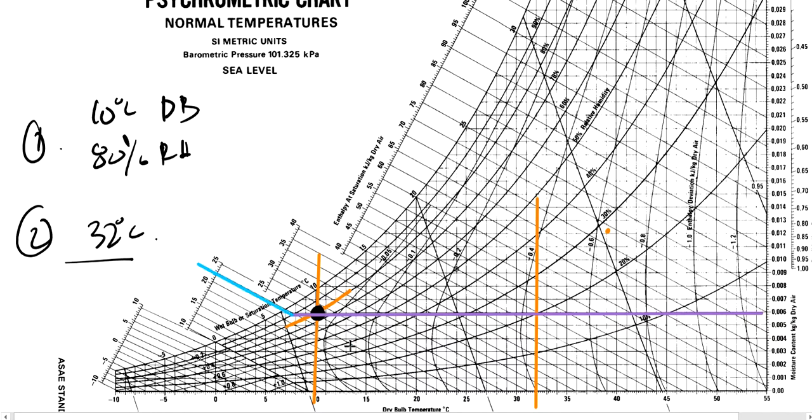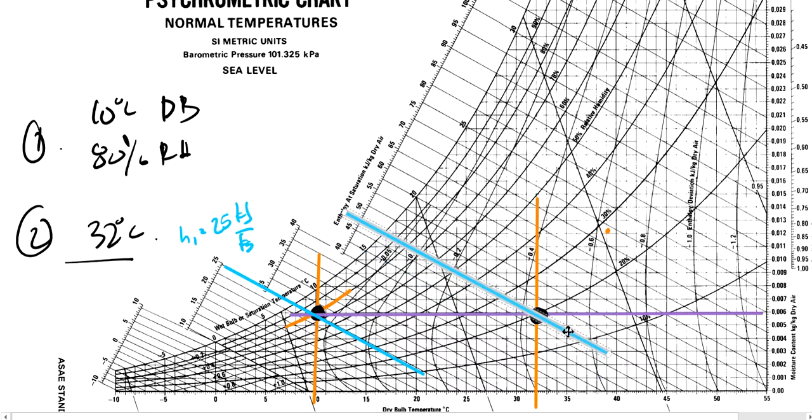Well, here are our enthalpy lines. So it's right here around 25. H1 is 25, say 25 kilojoules per kilogram dry air, and our state 2 is here, and we need enthalpy lines as well.